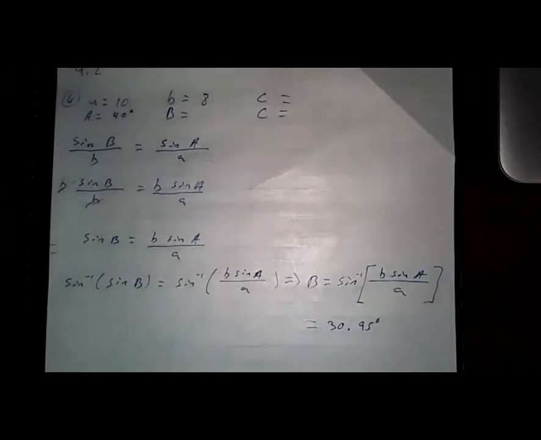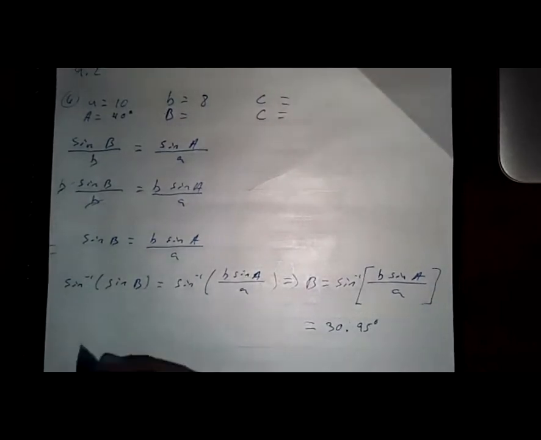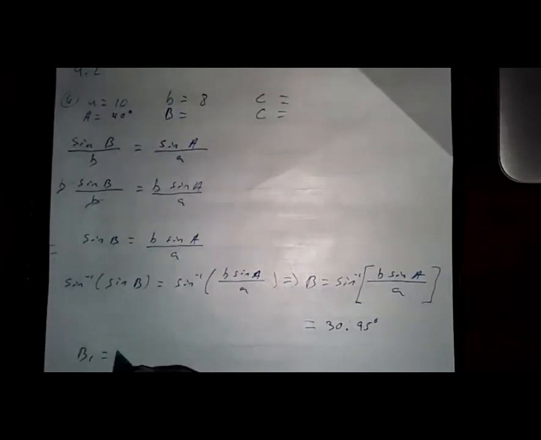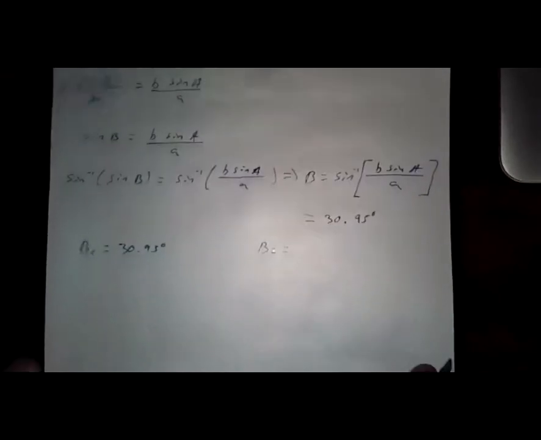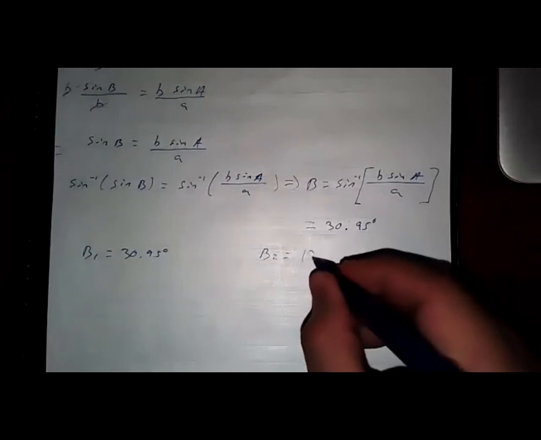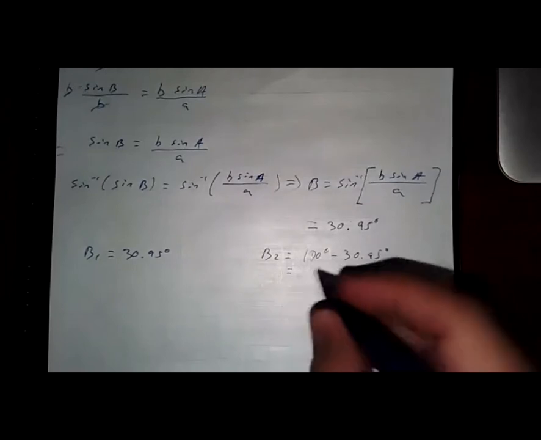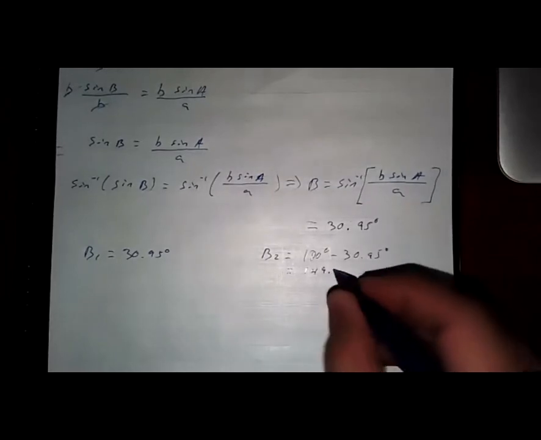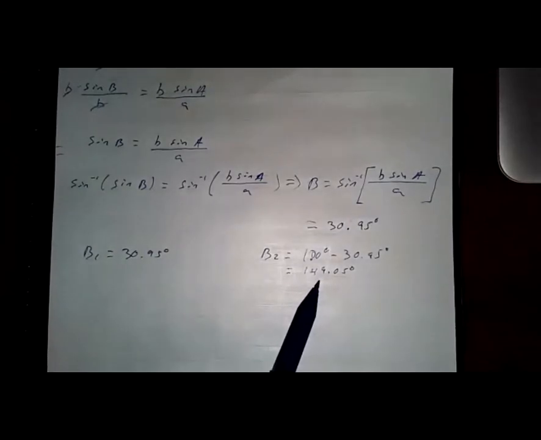First we need to check, is there a B1 and a B2? So this we'll call B1. B1 is equal to 30.95 degrees. B2 would be equal to 180 minus 30.95, which gives me 149.05. Is this angle too big, knowing that A is fixed?